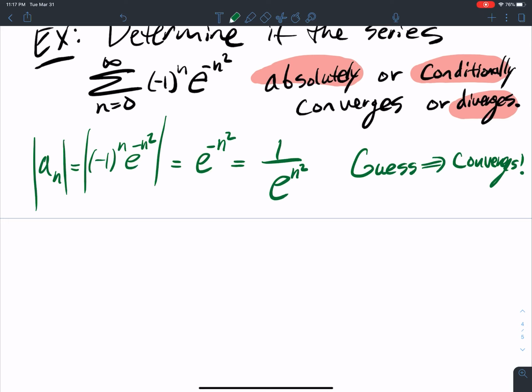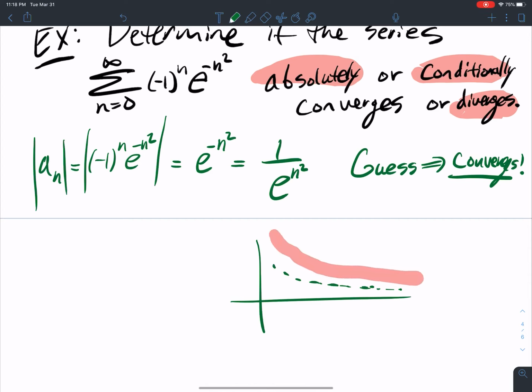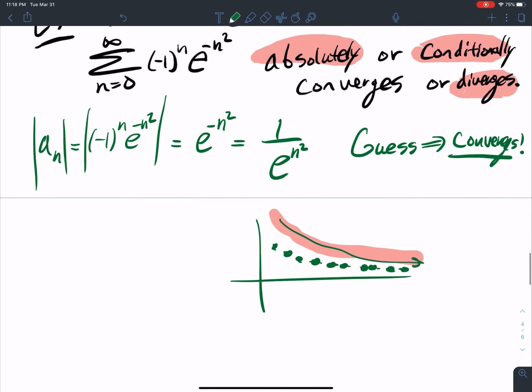But if I'm thinking that it converges, I want to pick a series that's bigger than my plane, that I know lands, and then what does that tell me? The series underneath has to land. Does that make sense? So I'm going to be using, I guess, the direct comparison test here.